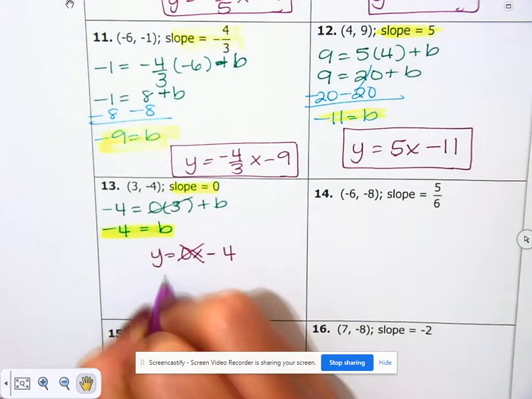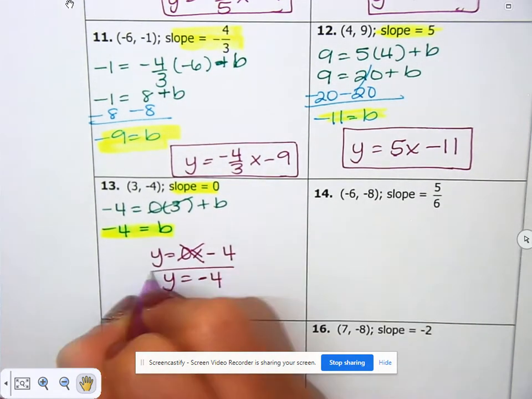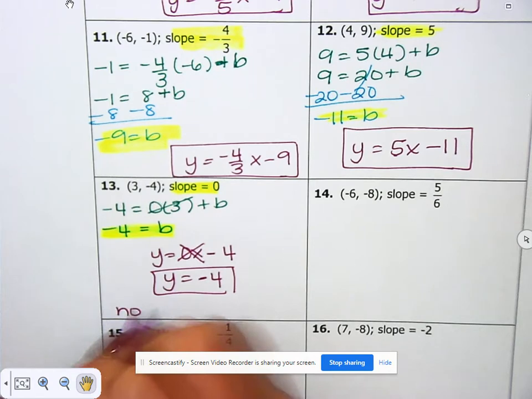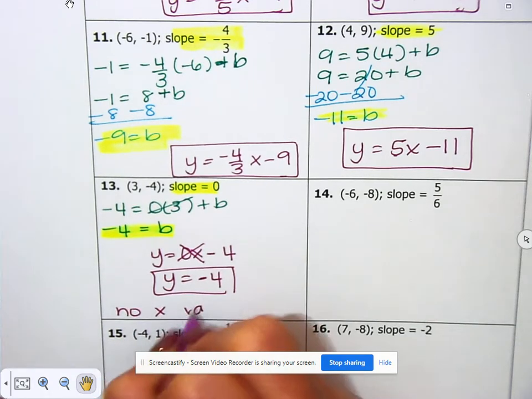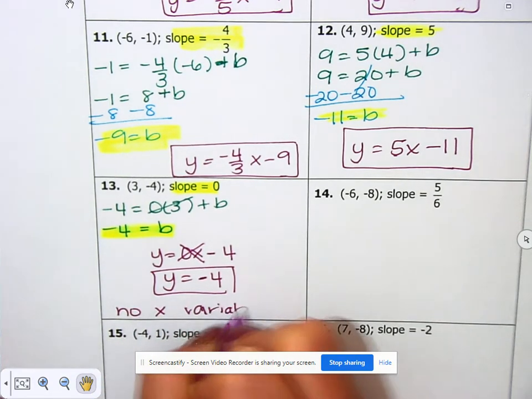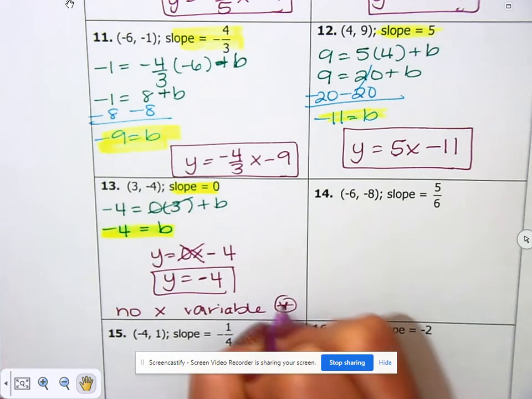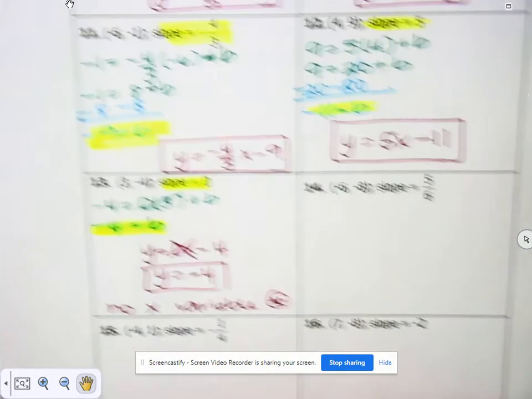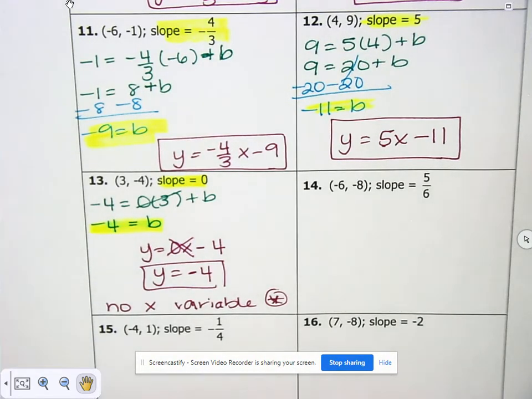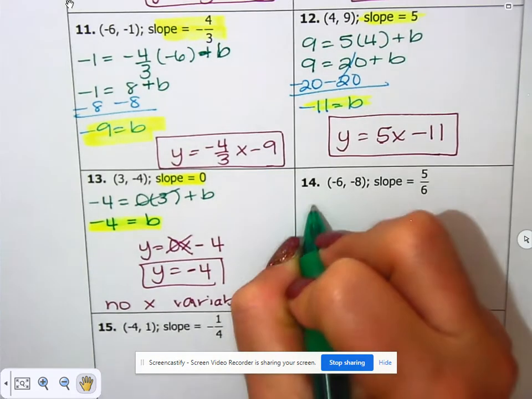So I'm going to get rid of that, and I'm just going to write y equals negative 4. So this is a special one because there is no x variable in the answer, and we'll talk about what that means maybe tomorrow. Okay. All right, 14.